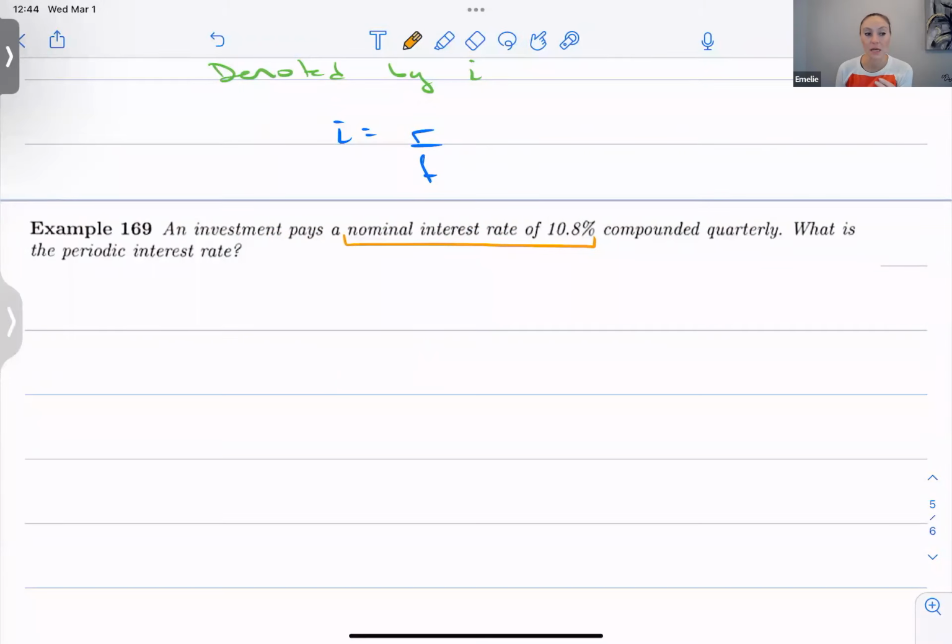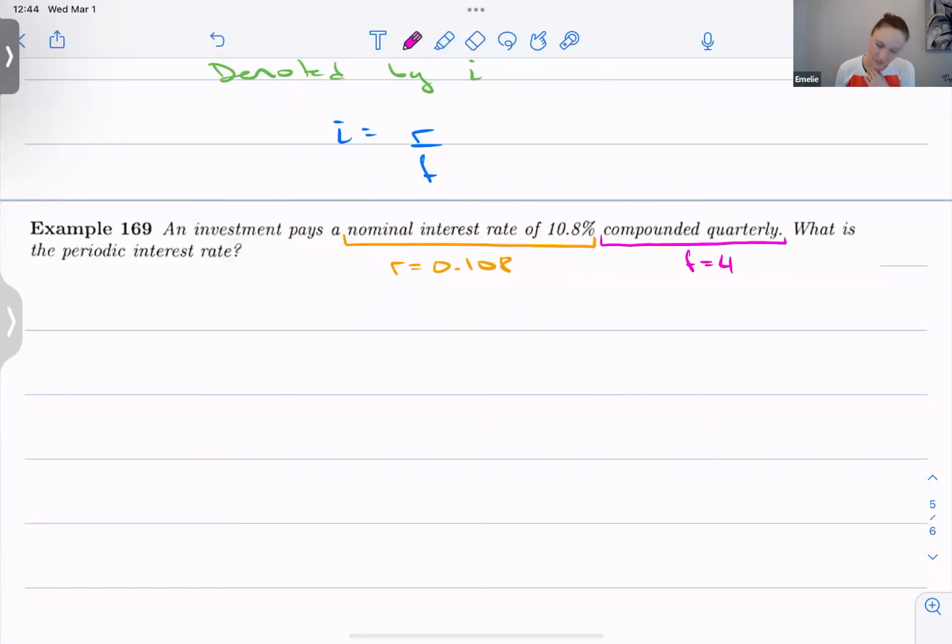This is telling me that R is 10.8 or R is 0.108, right? You're always safer to just convert it to a decimal right away. Then we're told that it's compounded quarterly. And so now this tells me that F is 4 times per year.